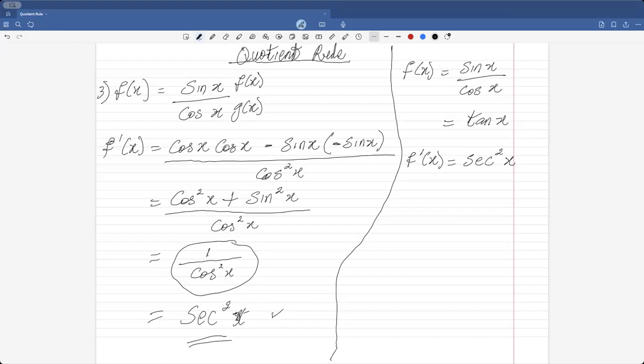So it's either you do it this way or you do it this way. Just have it at the back of your mind that tan x equals sine x over cos x.